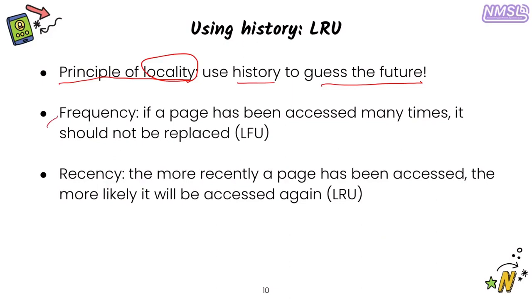First is frequency. If a page has been accessed frequently, this should not be replaced. Least frequently used. The other is recency. The more recently a page has been accessed, the more likely it will be accessed again. So that would be LRU, least recently used.